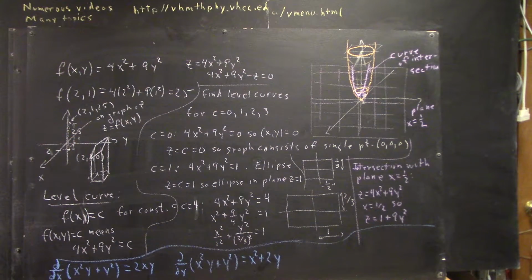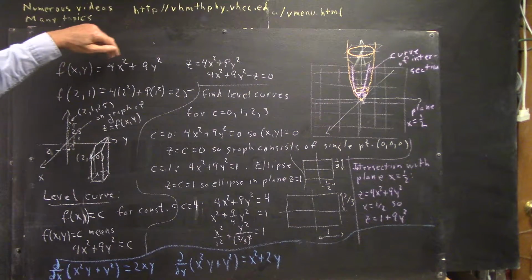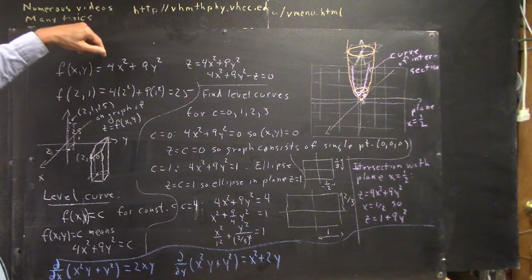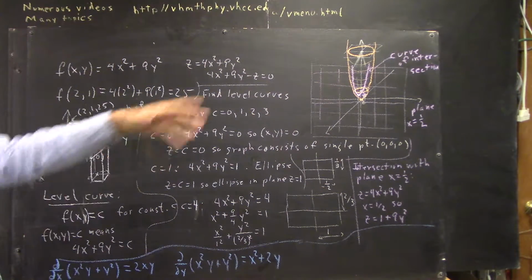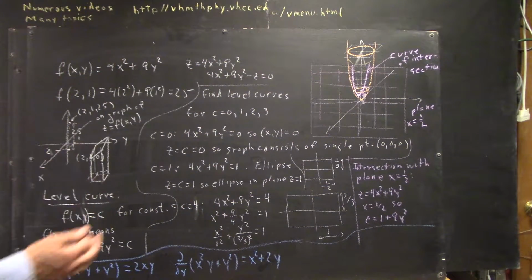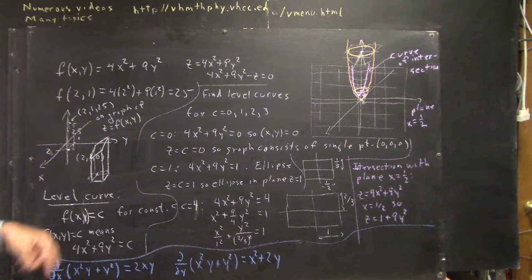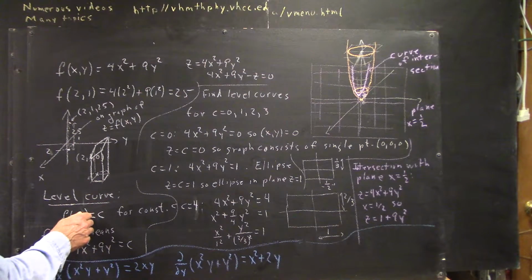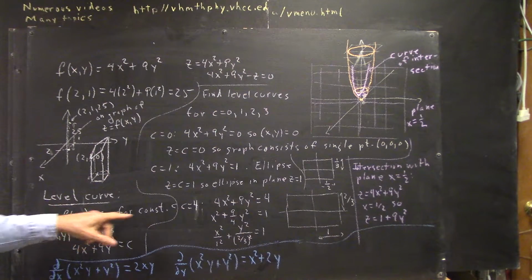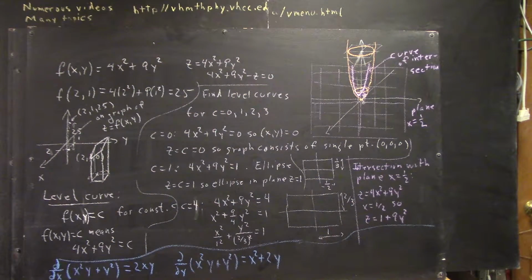Okay? Well, now, another way to actually picture the graph of this function, of course I've got one drawn over there, but we'll see how this builds, is through level curves. A level curve is a curve that you get when you set f of x, y equal to some constant number c. So, what does f of x, y equals c mean?